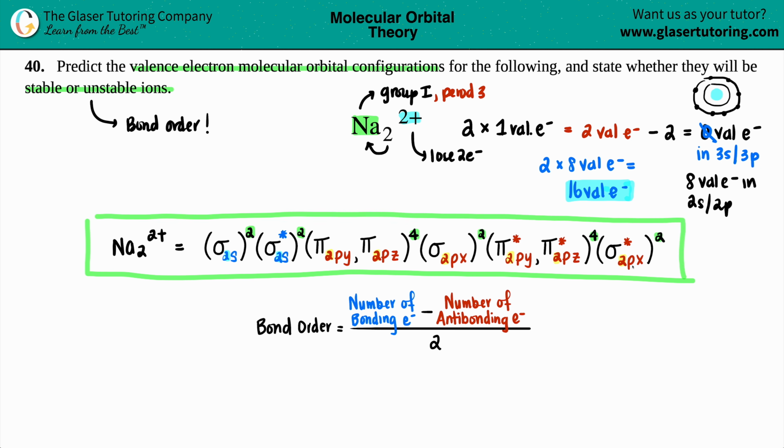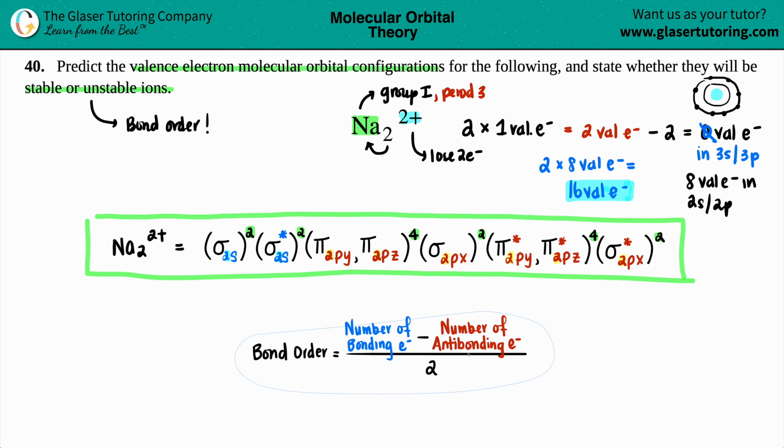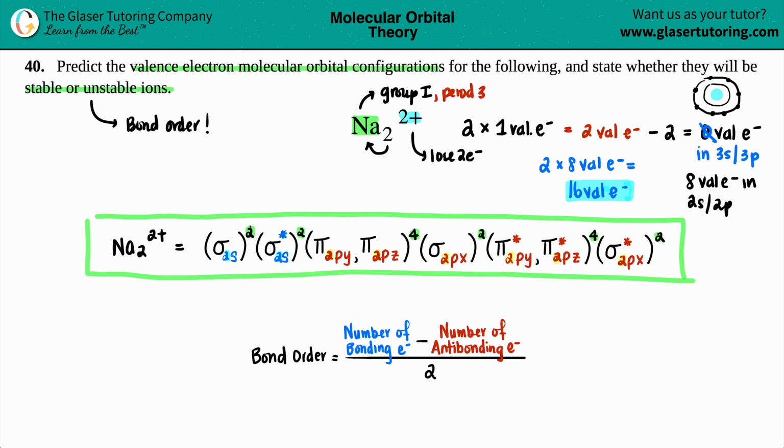And now, for the bond order, we just have to find out the total number of bonding electrons and the total number of antibonding. Now keep in mind that those antibonding ones are the ones with the stars. For bonding, it's all the ones that you do not see a star in the upper right-hand corner.